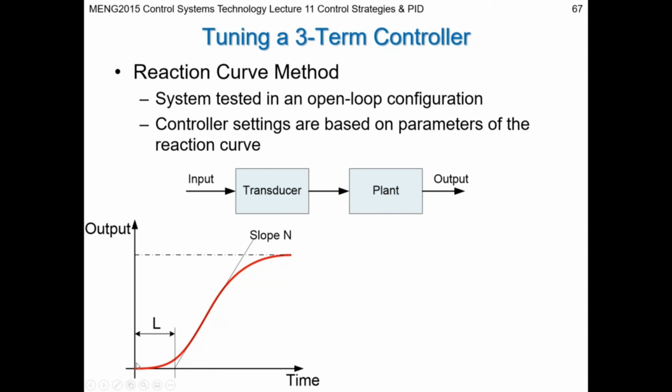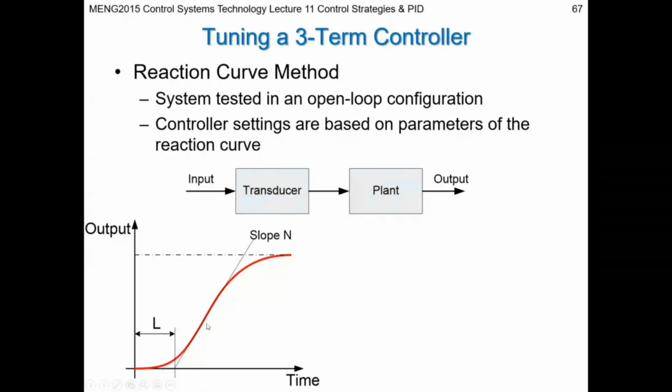So in this case, we're looking at 2 parameters. These are a little more difficult to derive, more difficult to measure accurately, so you have to use some judgment here. You're looking at the average slope of your reaction curve, which is called N. And we're also looking at the lag time.